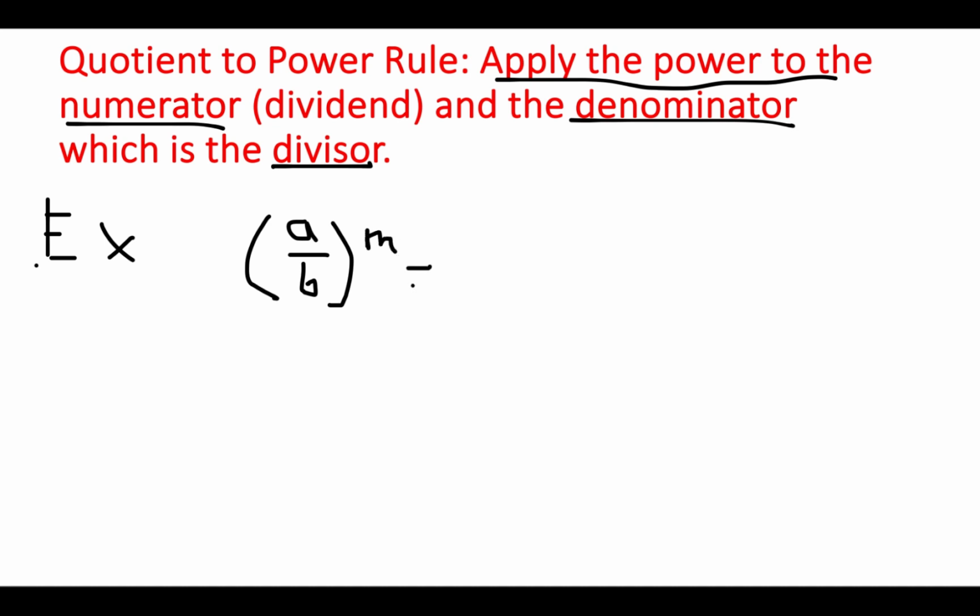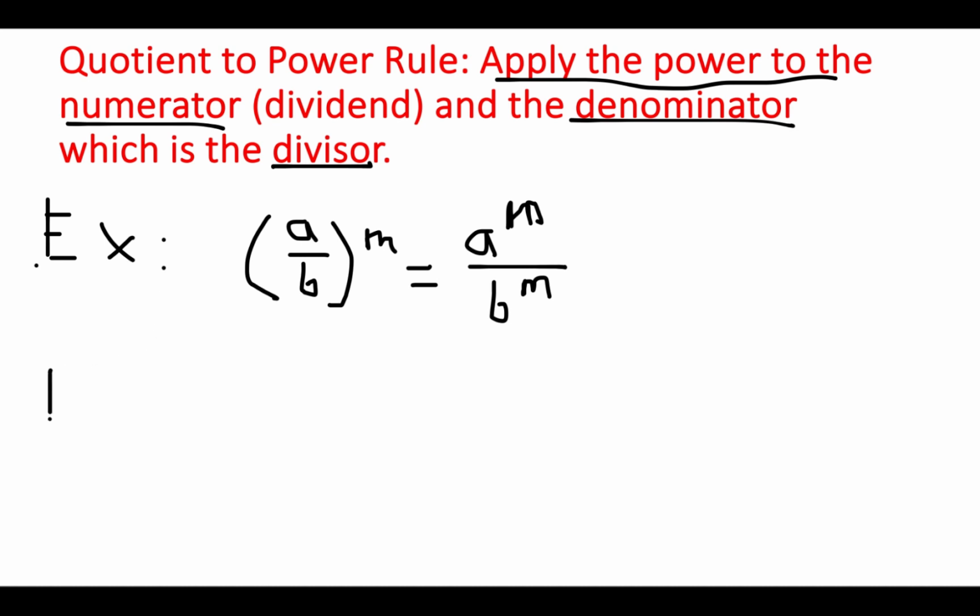So here, since the definition says to apply the power to the numerator and the denominator, which is the divisor, it can just be a to the power of m over b to the power of m. So really you would just raise a to the power of this value and b to the power of this value.